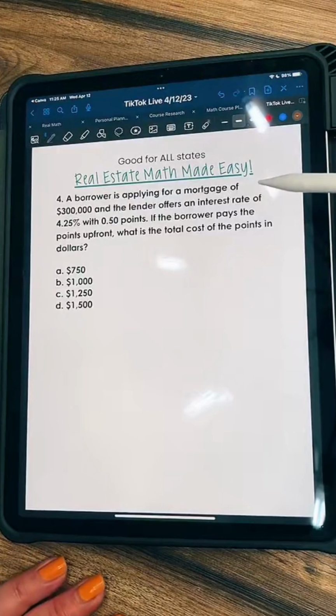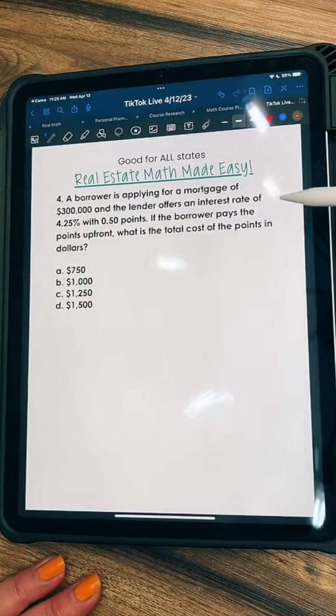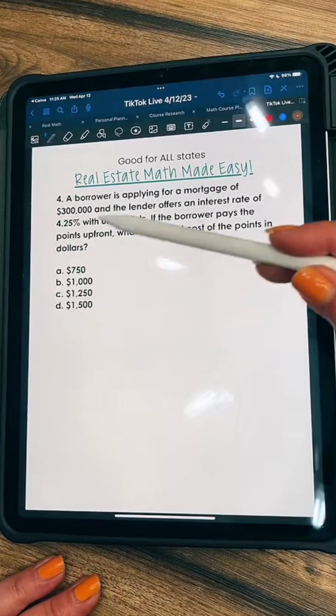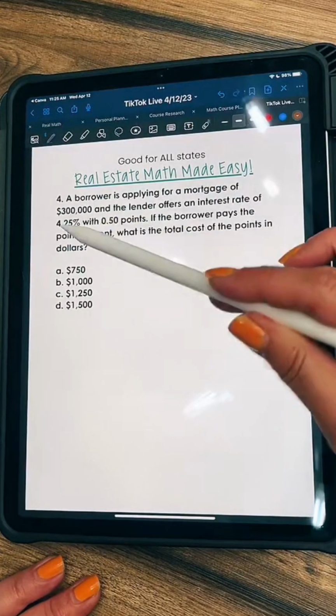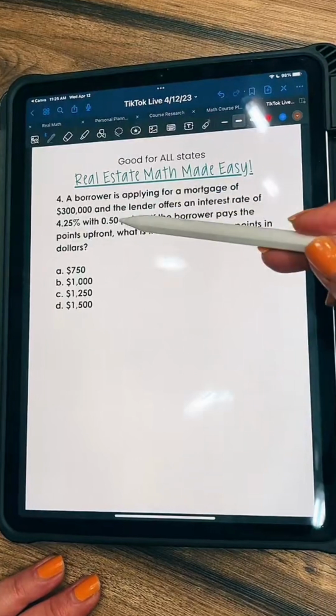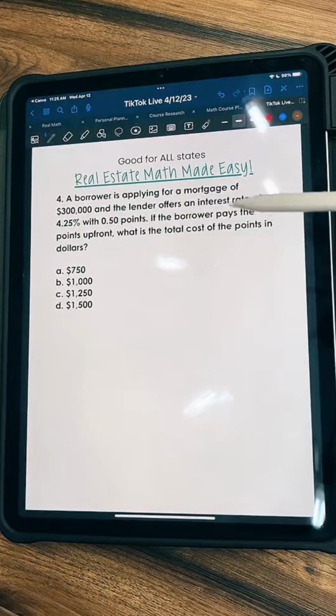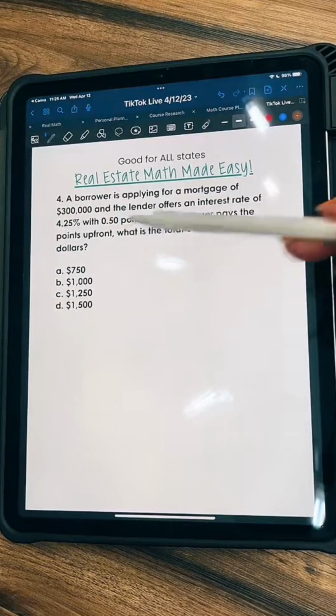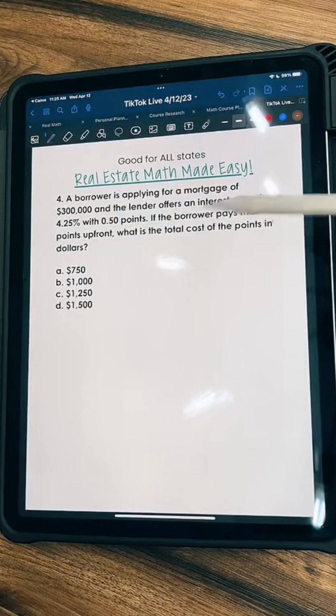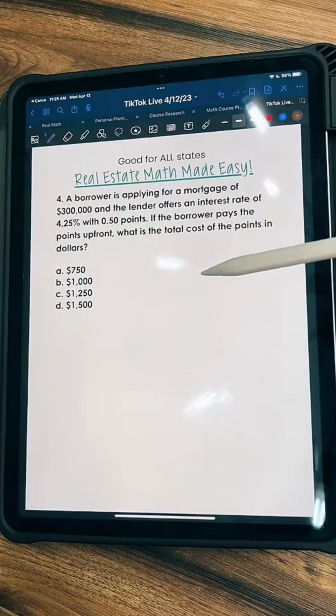It says a borrower is applying for a mortgage of $300,000 and the lender offers an interest rate of 4.25% with 0.50 points. If the borrower pays the points up front, what is the total cost of the points in dollars?